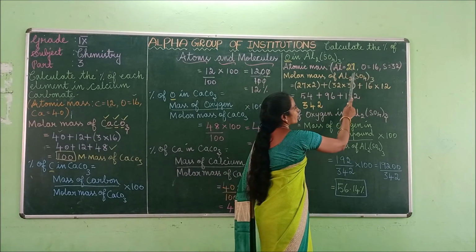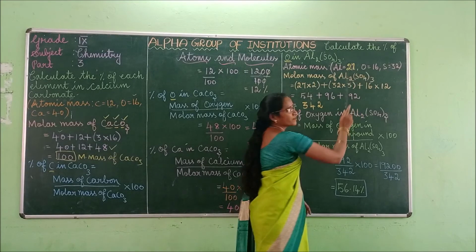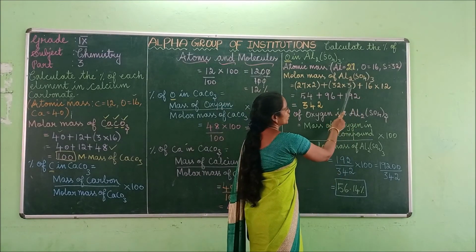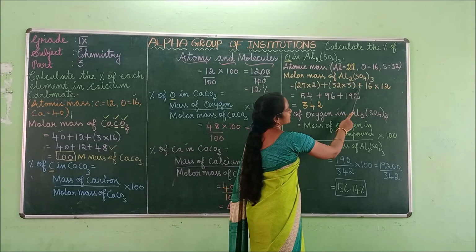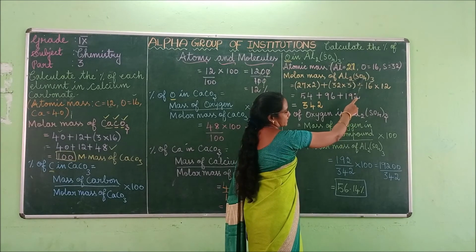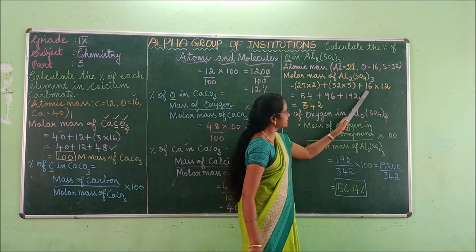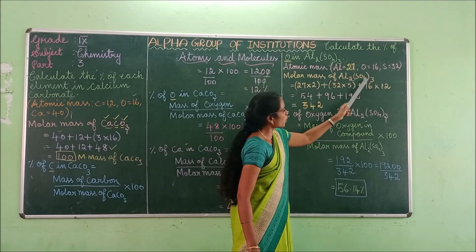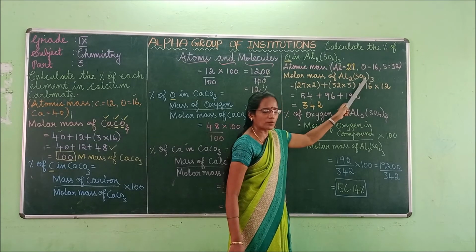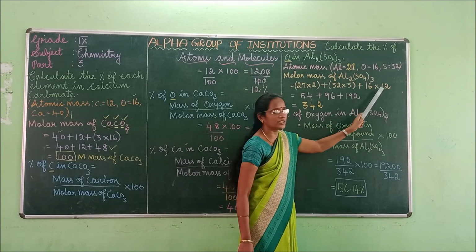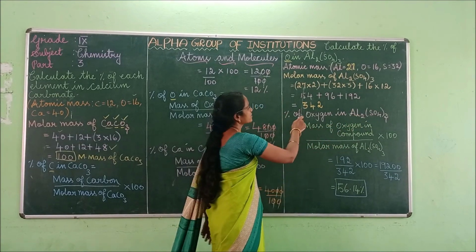This 3 is for the sulfur atoms as well as for the oxygen atoms, right? So you put 32 into 3, plus next oxygen. The atomic mass of oxygen is 16, into, here already 4 oxygen atoms are present and thrice is given. So 4 3s are 12. So 16 into 12.